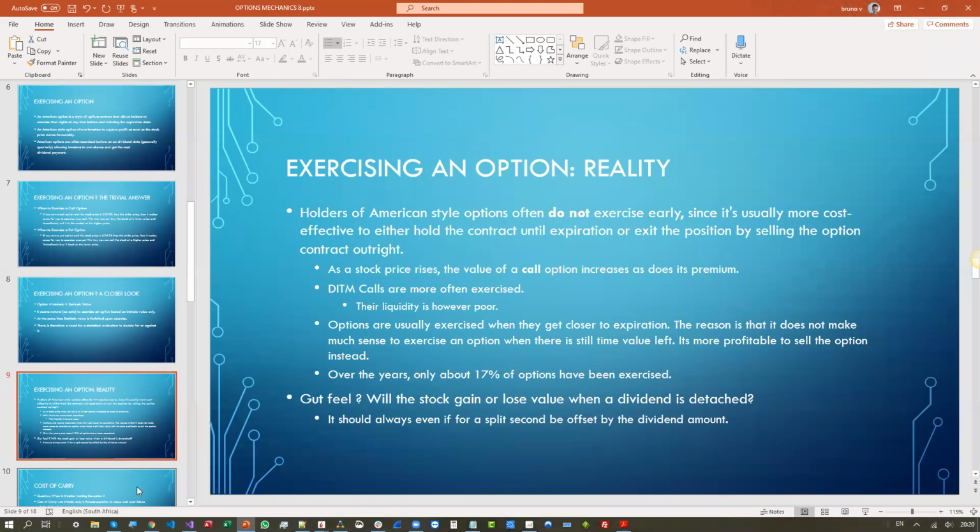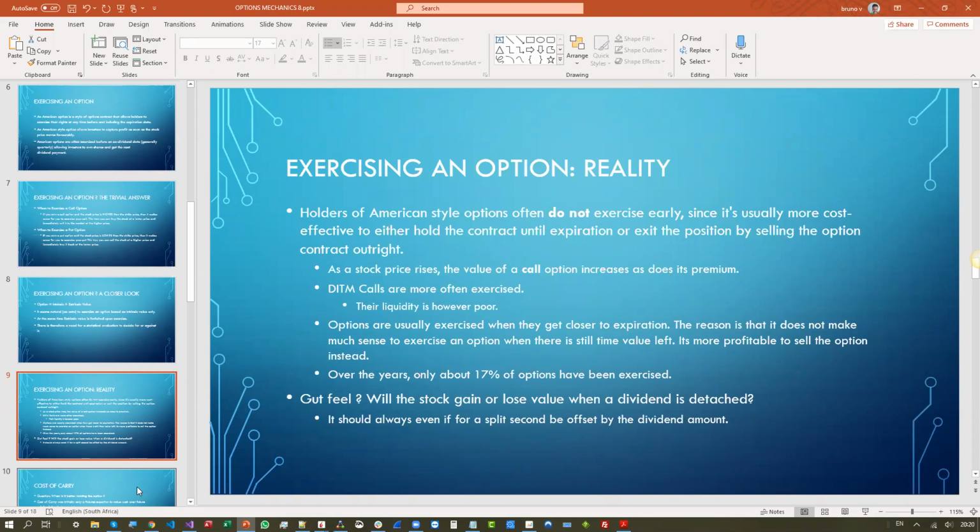And another thing that needs to be highlighted here is, if we look at dividends and you want to cash in the coming dividend, there can be some gut feel.